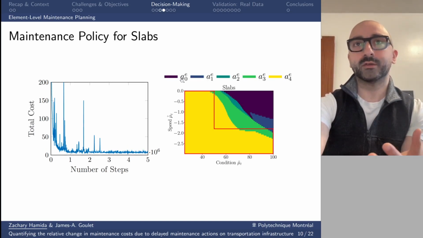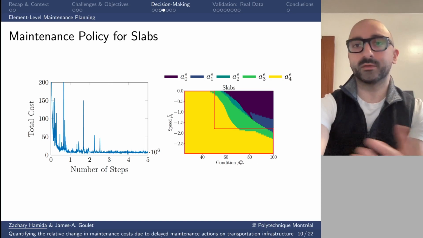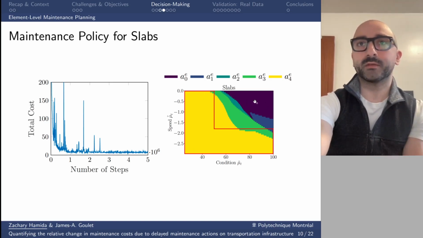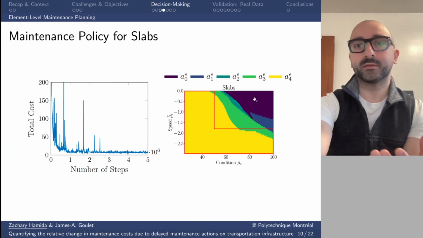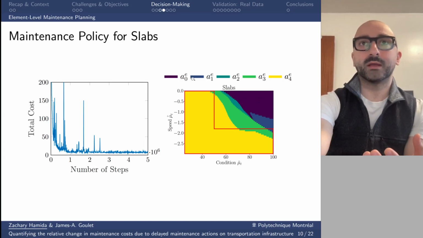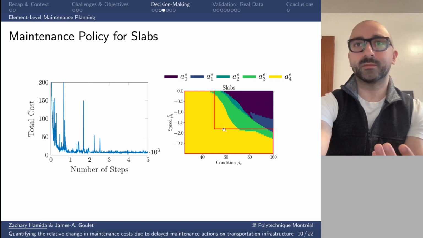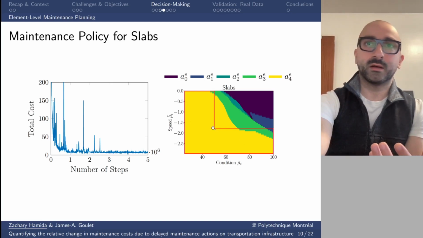For each action, we have the image here where the x-axis is the condition this time, and the y-axis is the speed. And for each pixel in this image, for the slabs, for example, we have the do nothing in this corner, and then we have preventive maintenance, routine maintenance, repairs, and replacement represented by the yellow region.